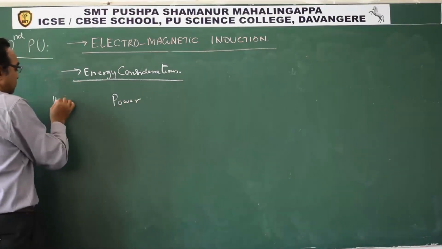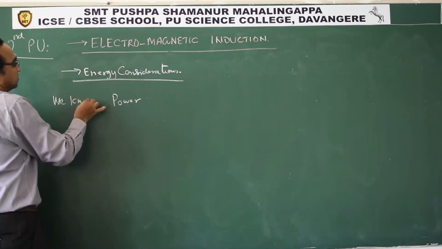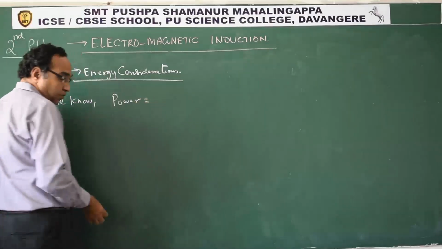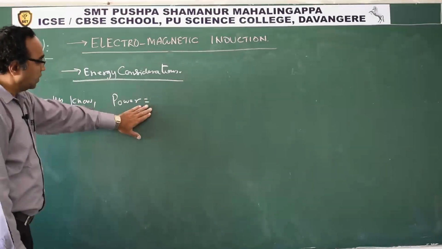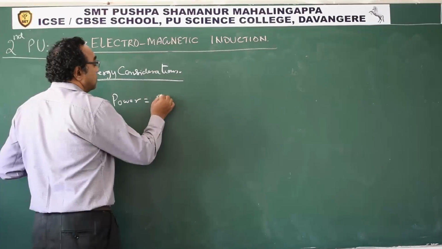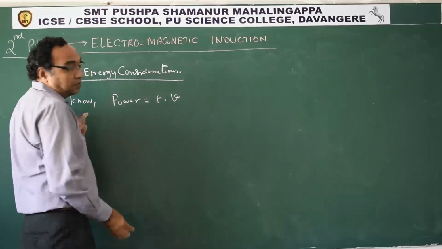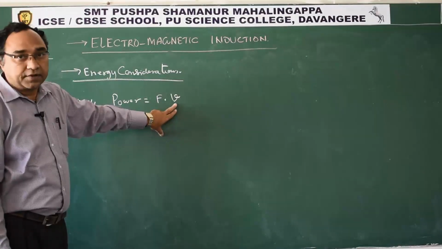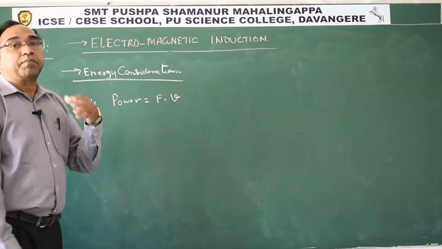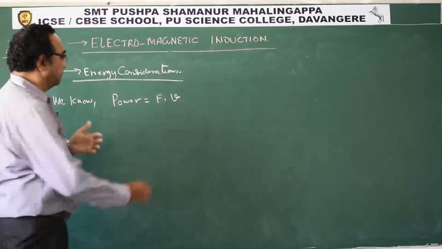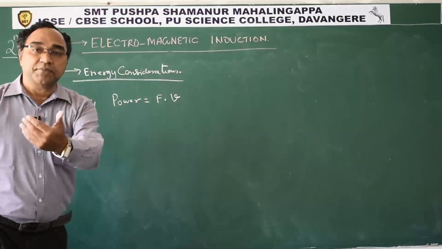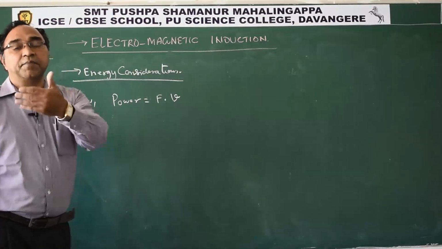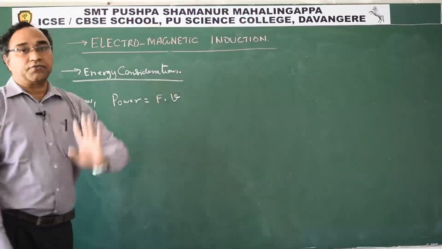We know power is F into V. Power is force into velocity, right? Power is work done by time. Work done is force into displacement by time. Displacement by time is velocity. So we get force into velocity as power.